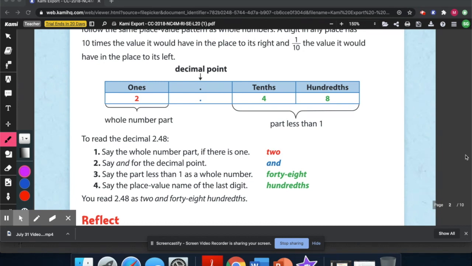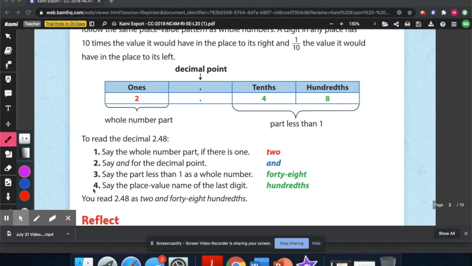You're dealing with numbers that are behind the decimal that are not known as whole numbers. So today, for your assignment, you're going to make your own, and you're going to just kind of like fill in the blanks. And this would be just great practice for you and for me to see that you understand the place value.